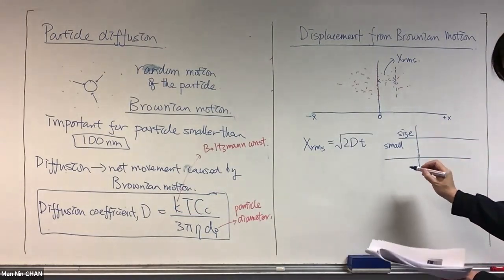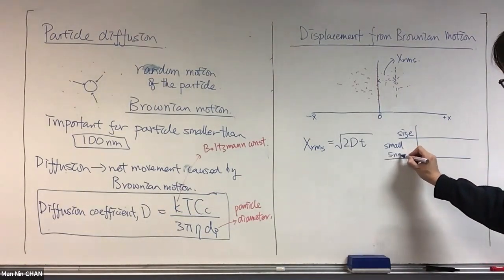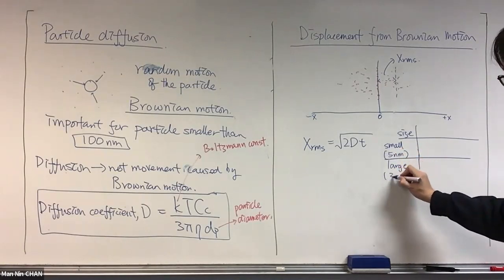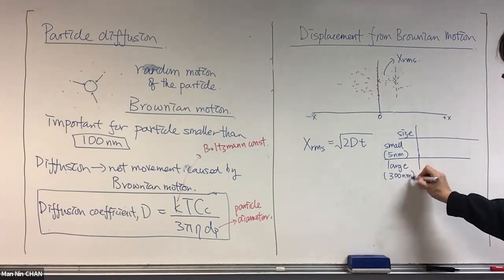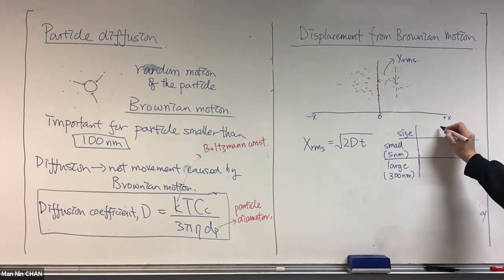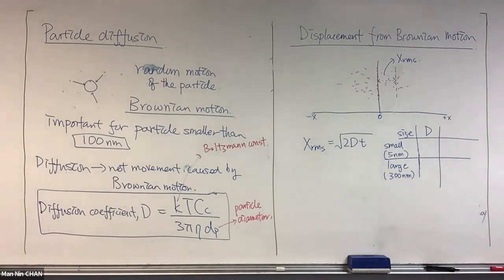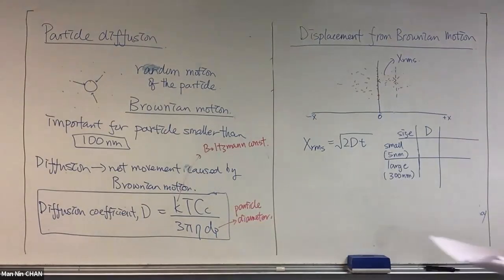So let's say this is a 5 nanometer particle, and then I have some large particle, 300 nanometers. Of course, you can use that equation to calculate the diffusion coefficient.